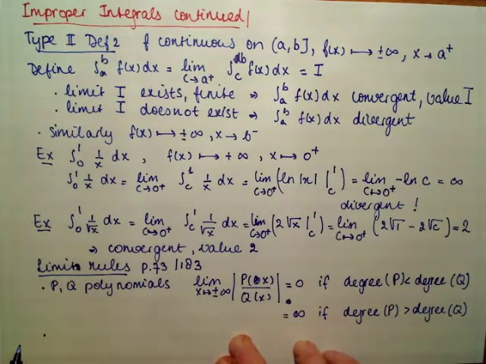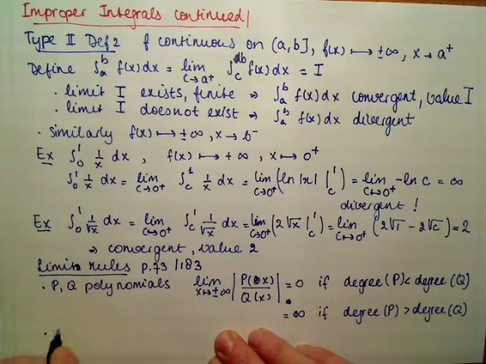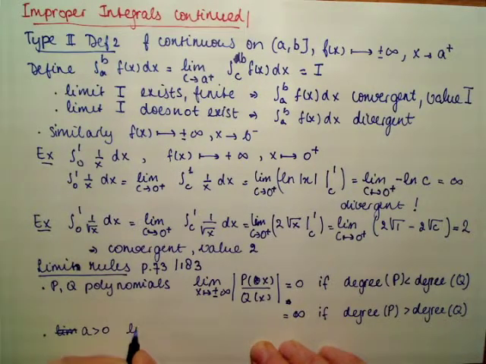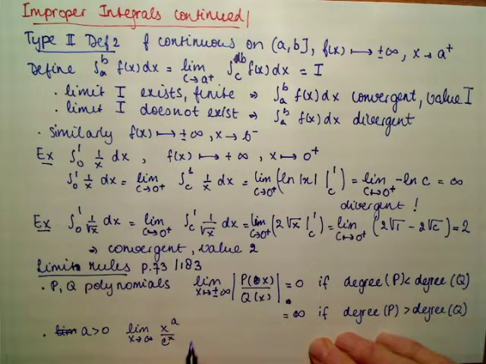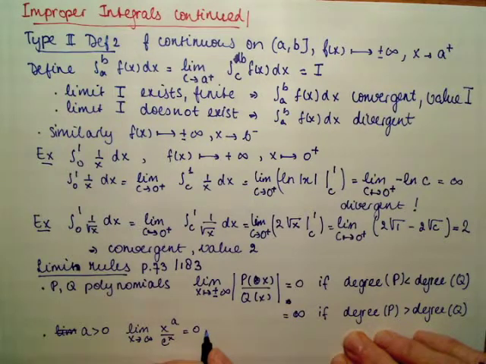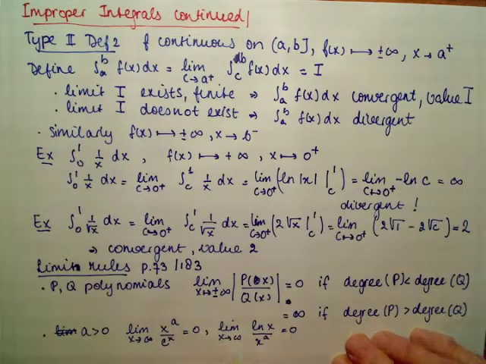Other important limit results are the following: if we take a number a that is positive, then the limit as x goes to infinity of x to the power a divided by e to the x is 0. The limit as x goes to infinity of the natural logarithm of x divided by x to the power a is 0 as well.